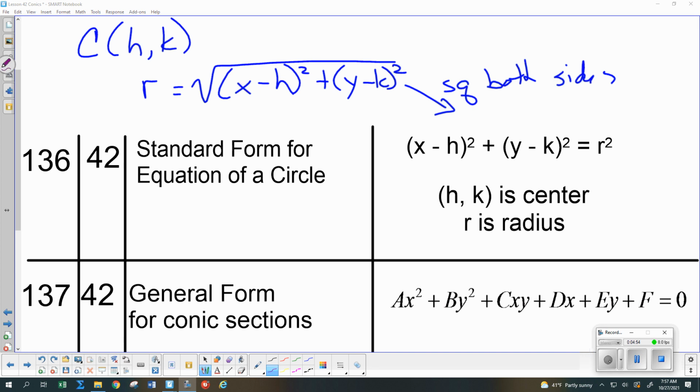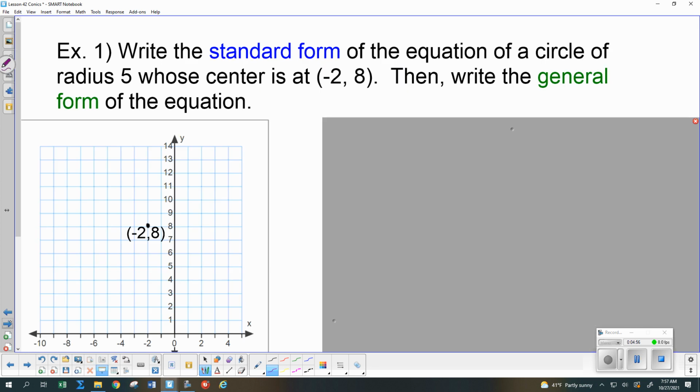So let's try this out with an example. We want the equation of this circle, both standard and general here. And so first, I don't have to, but I could just draw it to make sure I know what I'm doing here. So I've got that center at (-2, 8).